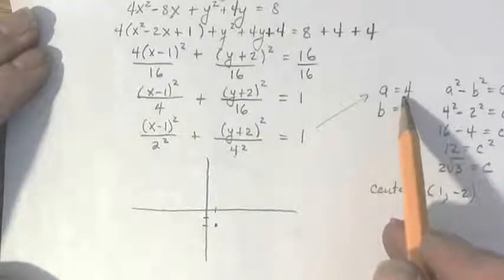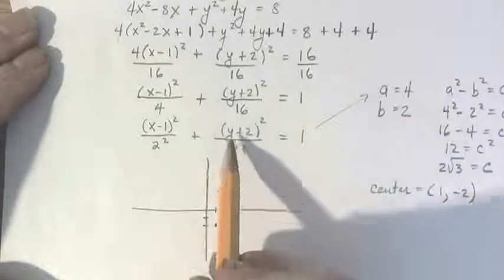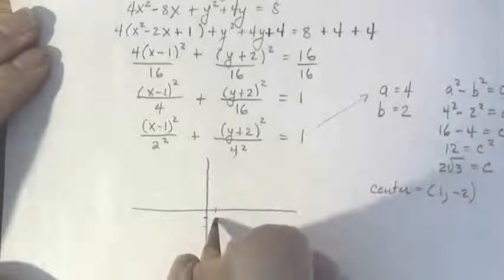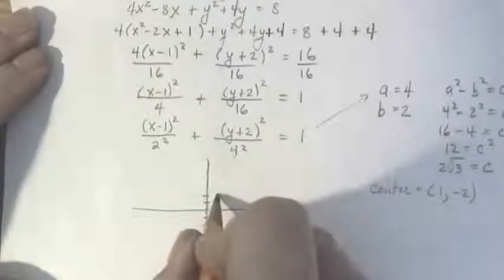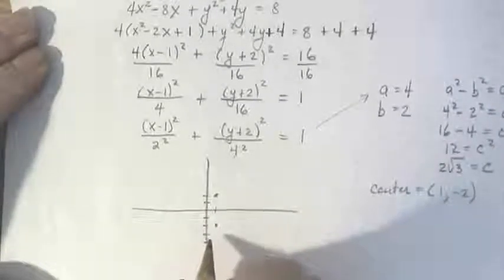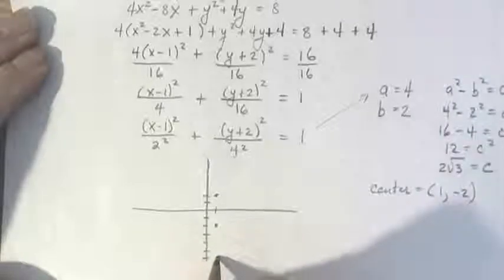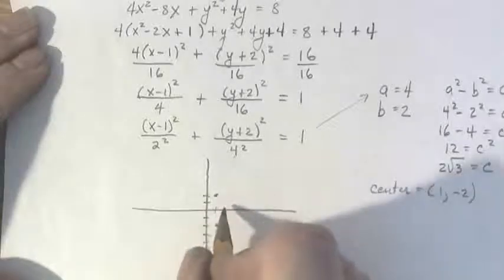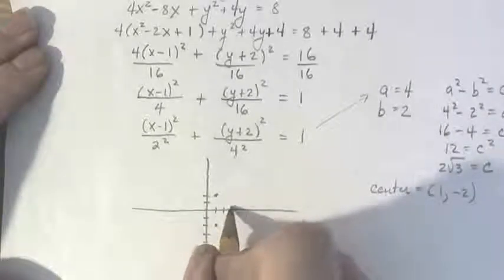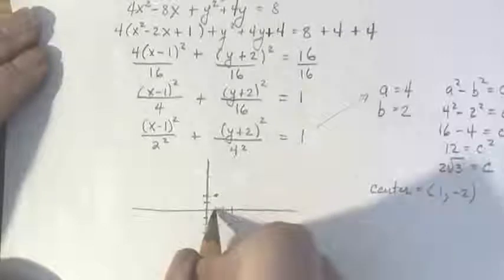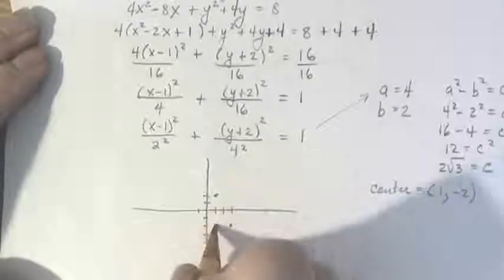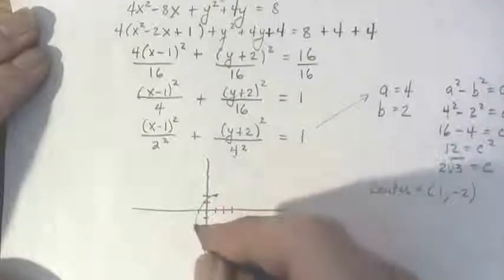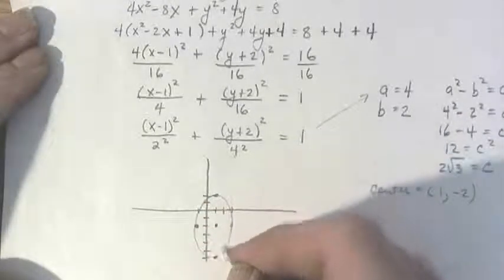The A, that's under the Y. So this distance 4 goes 1, 2, 3, 4. 1, 2, 3, 4. The B goes to the right by 2. B goes to the left by 2. And we can draw the shape in.